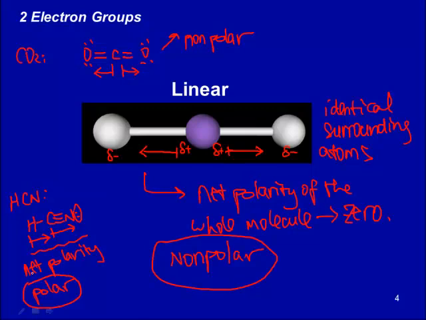So please do not make the generalization that AB2E0 will automatically give you non-polar molecules. Only under the condition that the surrounding atoms are the same would that statement be true. If any of the surrounding atoms is not the same, most likely it will be a polar molecule.